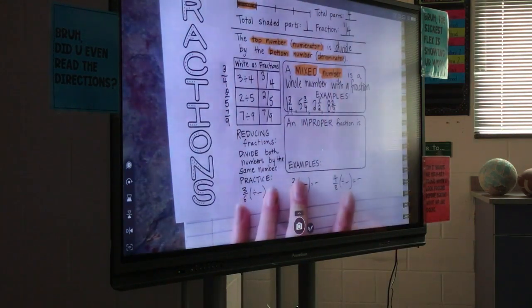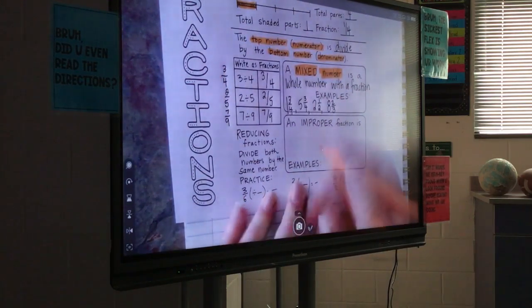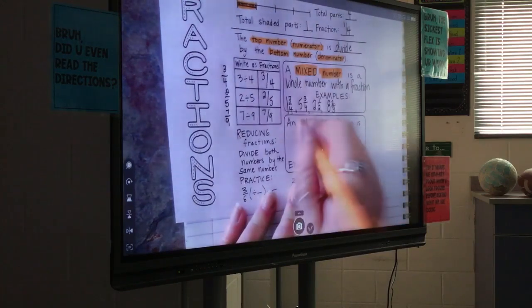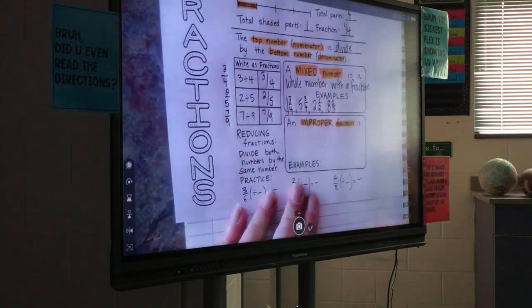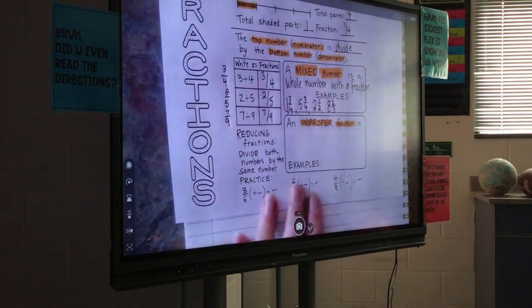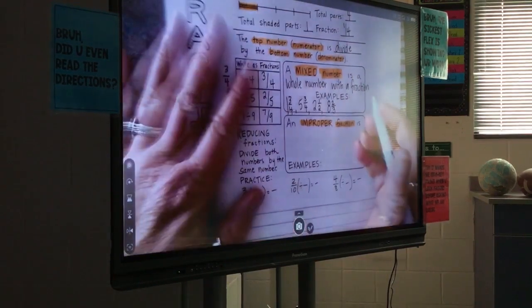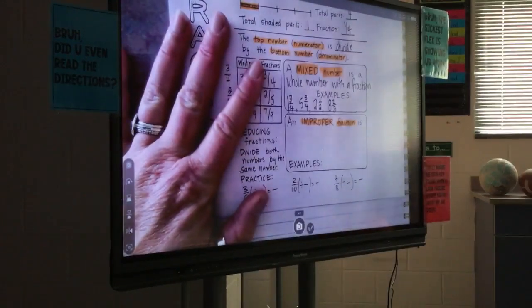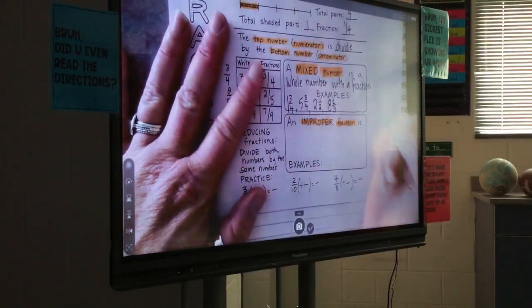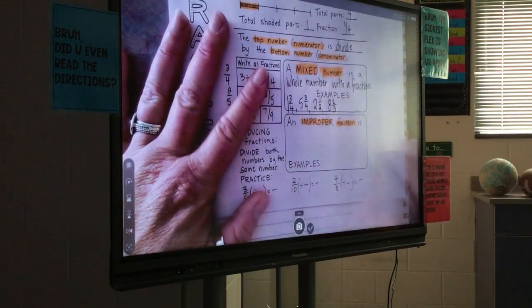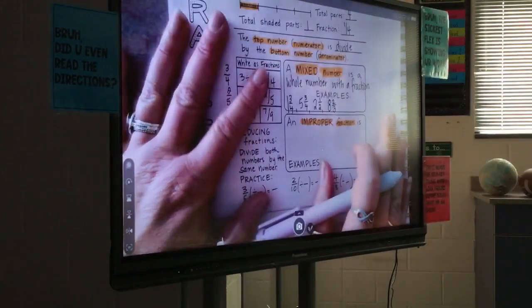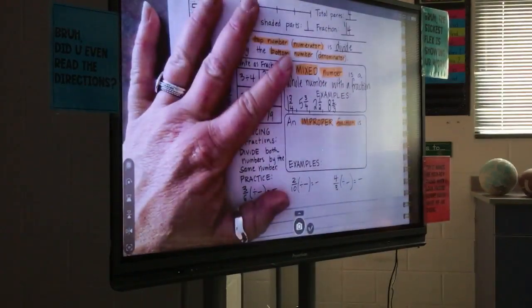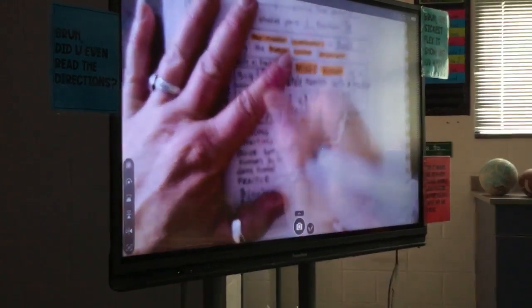All right, so if a mixed number has a whole number with a fraction, what do we think an improper fraction is? Summer, what's an improper fraction? You said the bigger number is on top? All right, that is true. We're going to use a few math words instead of bigger number or on top: we're going to write the numerator.